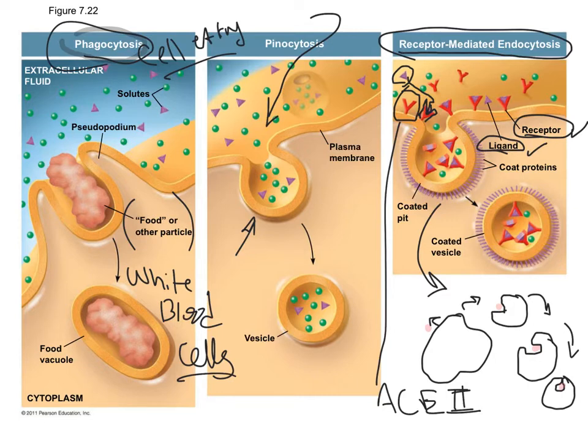The way SARS-CoV-2 gets into our cells is that the spike protein binds to the ACE2 receptor, which is normally there to deal with hormones and water regulation. But SARS-CoV-2 takes advantage of it by having a ligand, or this little thing that looks like it, and this is how SARS-CoV-2 gets into our body. So this is via endocytosis.